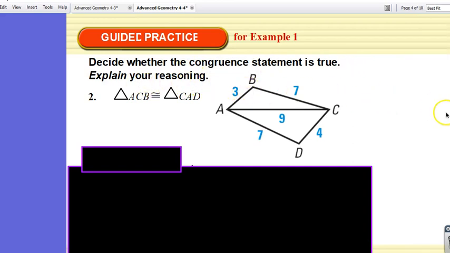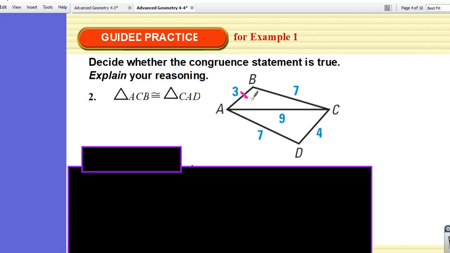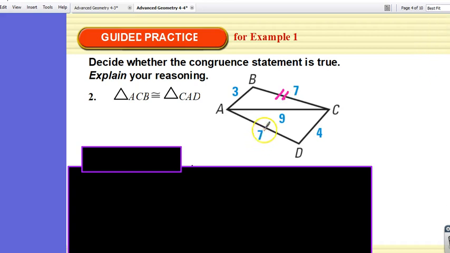Decide whether the congruence statement is true. Explain your reasoning. All right, well, we know that AB is congruent to nobody, right? So let's start somewhere else. We know that BC is congruent to DA. We know that AC is congruent to CA, right?